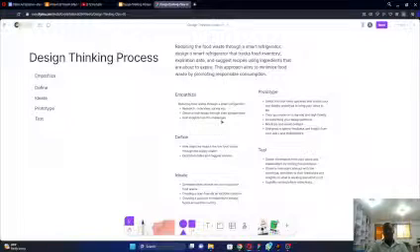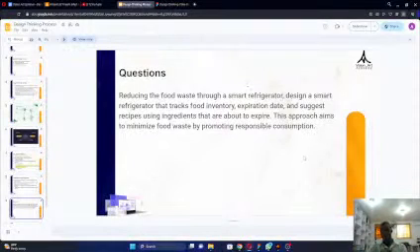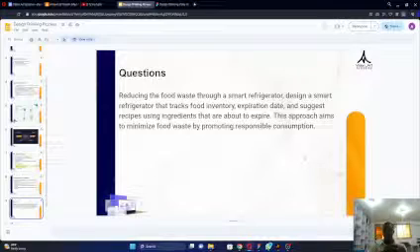So we can create a platform that can help to reduce food waste and send surplus food to people in need, to orphanage homes and the likes. So that's how design thinking works and how we can use the design thinking approach to come up with a design.